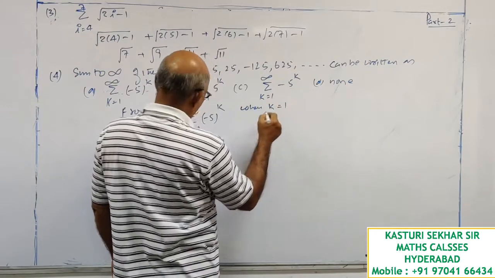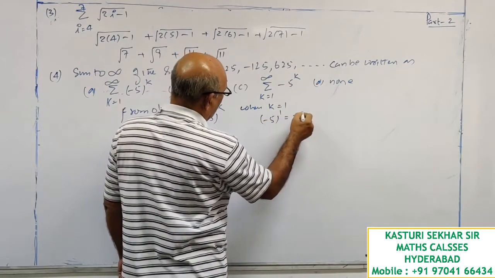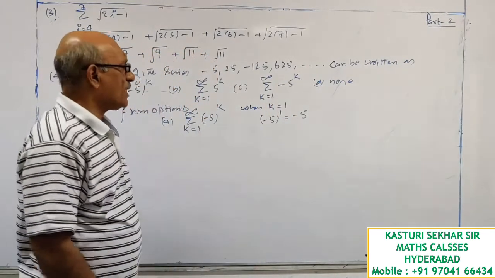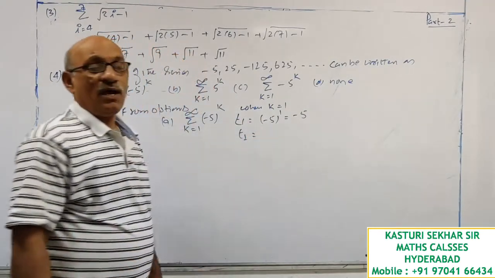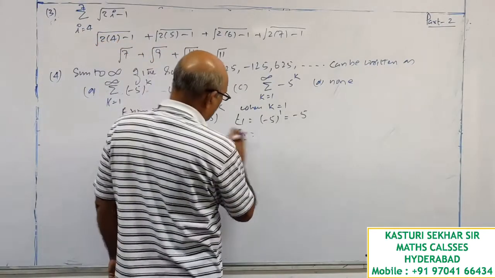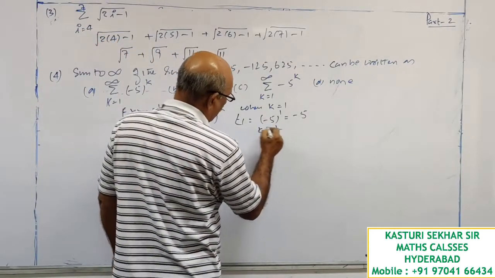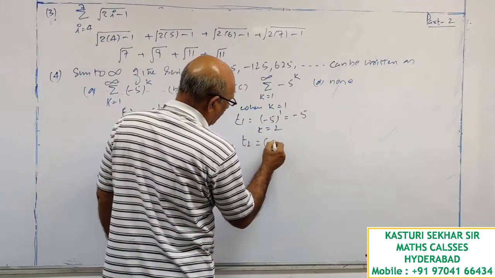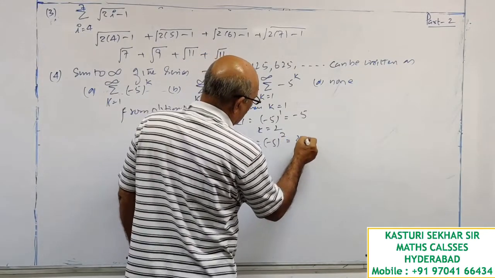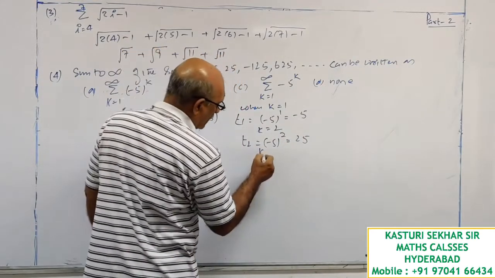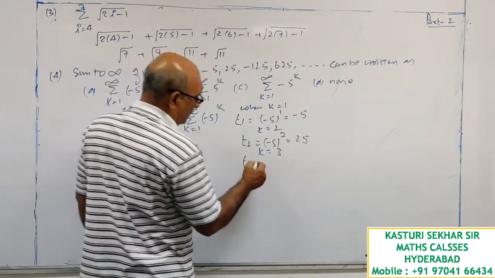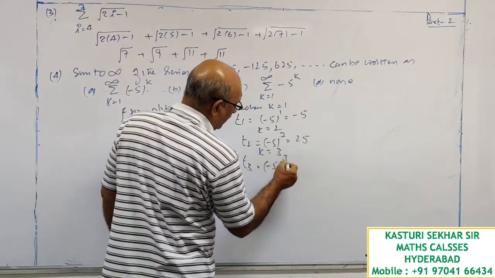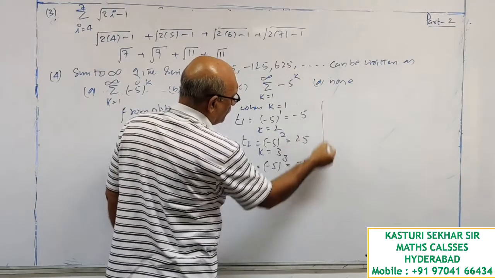When k is equal to 1, this is minus 5 whole power 1, minus 5 I am getting, which is first term of the sequence. When k is equal to 2, I will get second term of the sequence, minus 5 whole square, this is 25. When k is equal to 3, T3 is equal to minus 5 whole cube, minus 125.